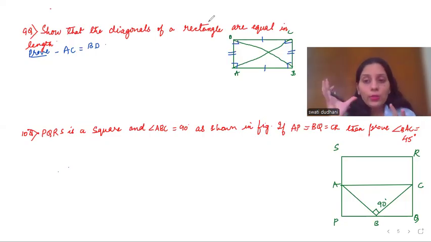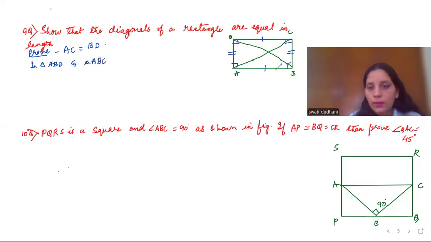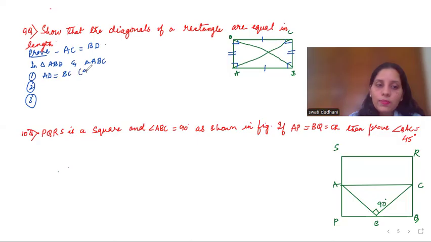Now we need to consider such triangles so that we have AC and BD in it. So we can consider triangle ABD and triangle ABC, so we are getting AC and BD involved. First we need to write three things for proving congruence. AD is equal to BC, given because it's a rectangle.